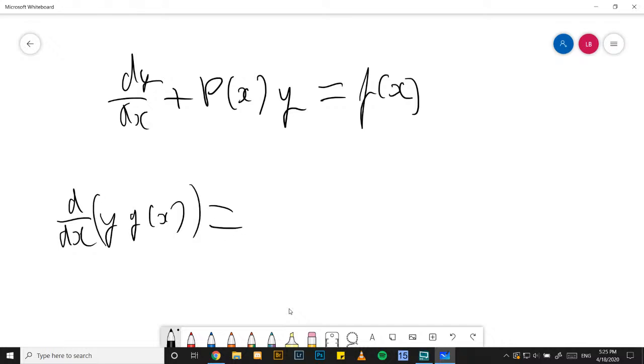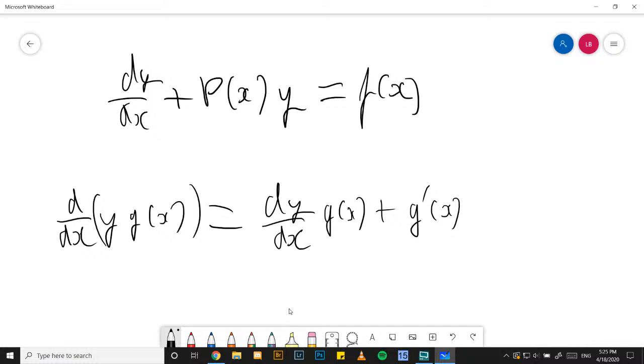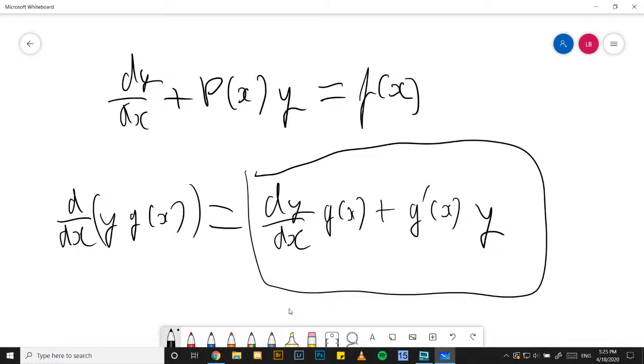When you differentiate this, you differentiate the y term, and you get dy/dx times g of x, right? And then when you differentiate the g of x term, you get some other function, g prime of x, and you just have a y over there, right? This is your form, correct?